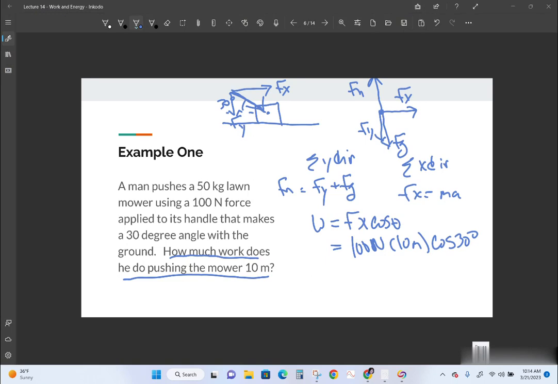So the work is going to be equal to 100 times 10, which is 1,000, times cosine of 30, which will be 500 newton meters, or 500 joules.